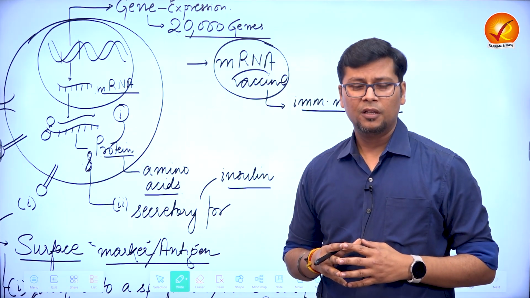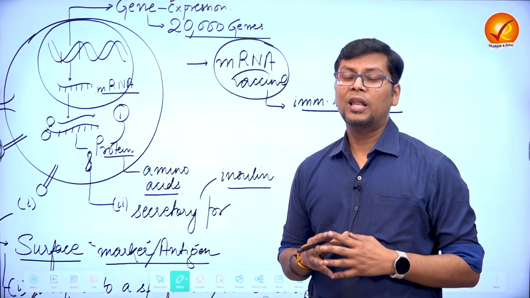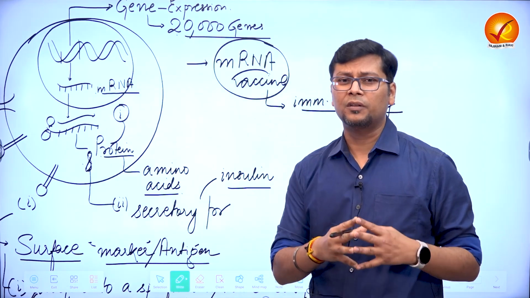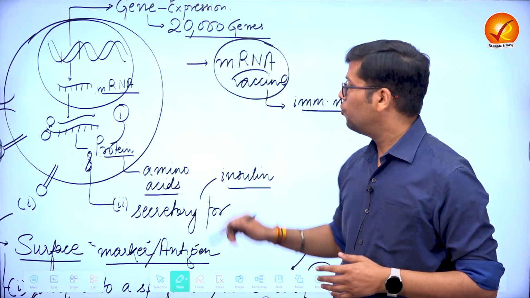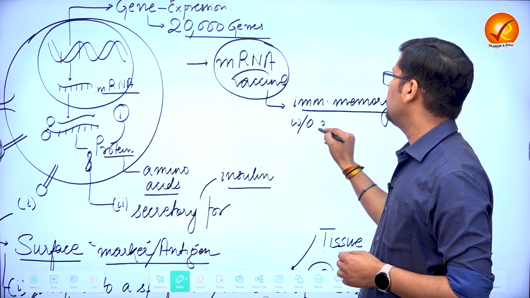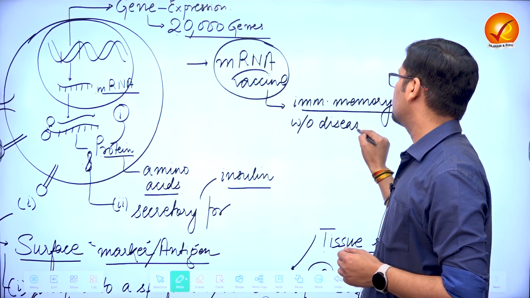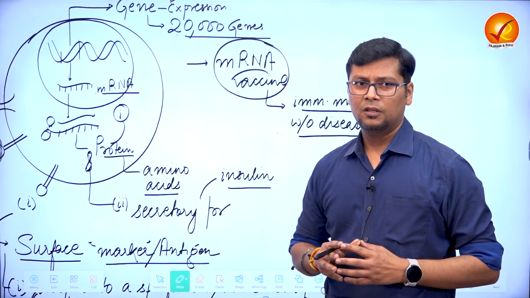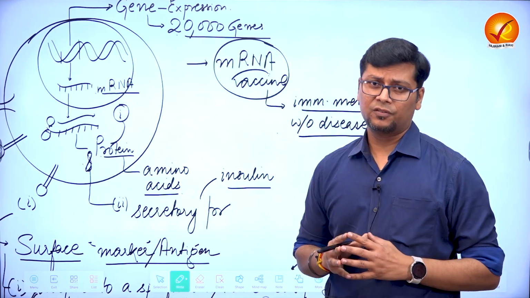Immunological memory. That is, you will have the memory B cells and T cells created without giving the disease. That is the smartness in this.